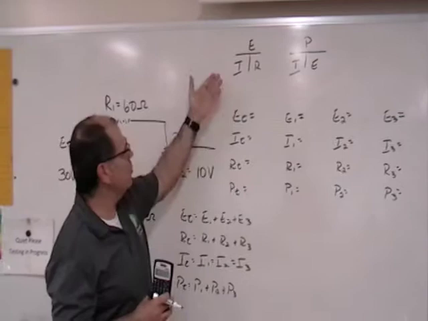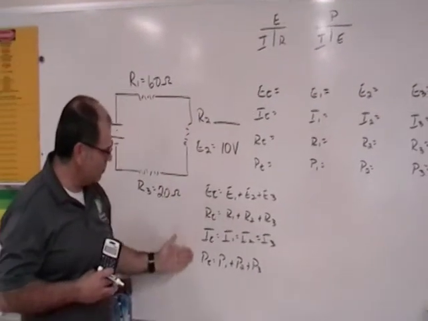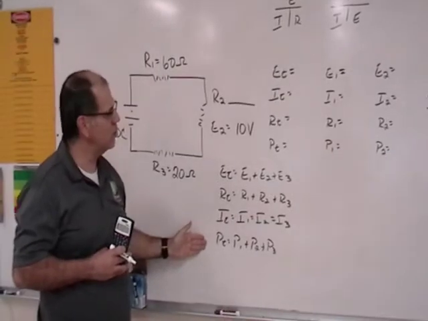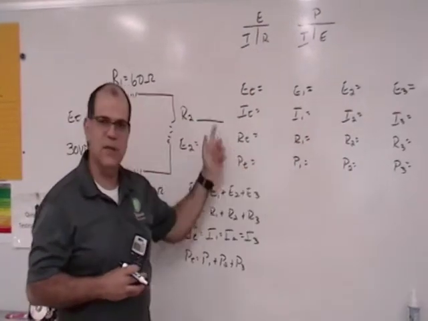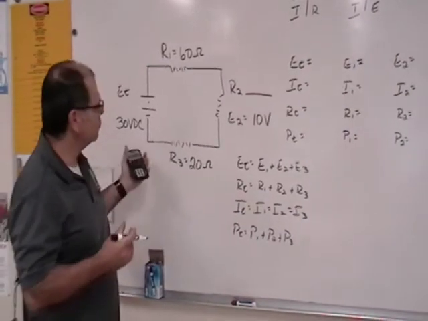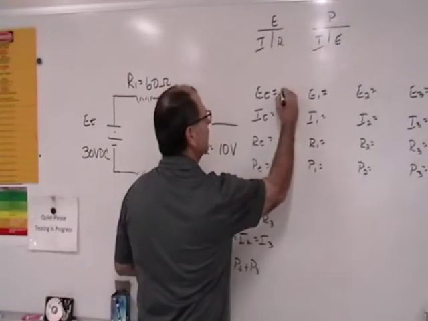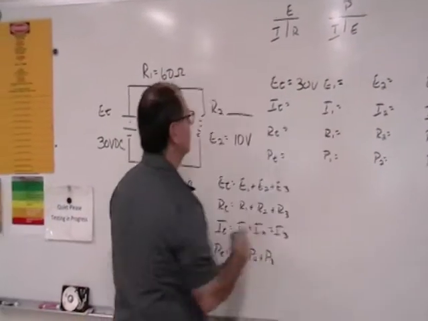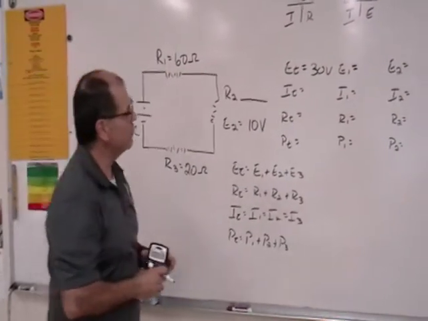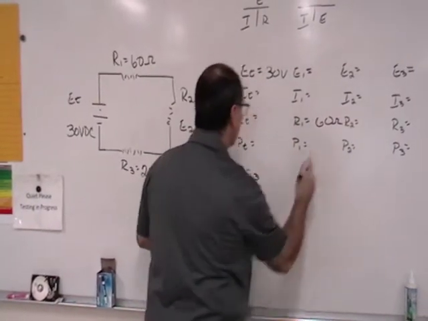So if we know these two laws, and we know the rules that govern series circuits, we can start filling out this table. But the first thing we're going to do is fill out the table with what we already know. We know that we have 30 volts total. We also know that the value for the first resistor is 60 ohms.